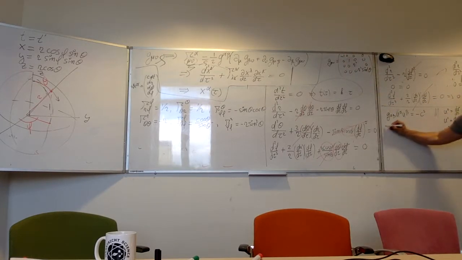Well, that means that it's going to be G00, or GTT, times UT squared. And what else?